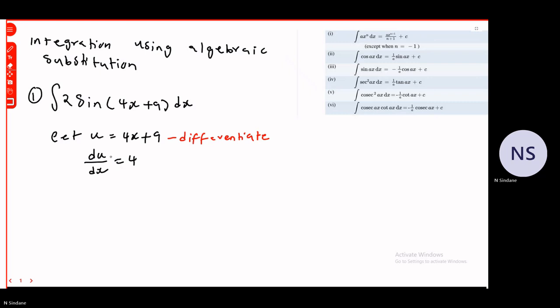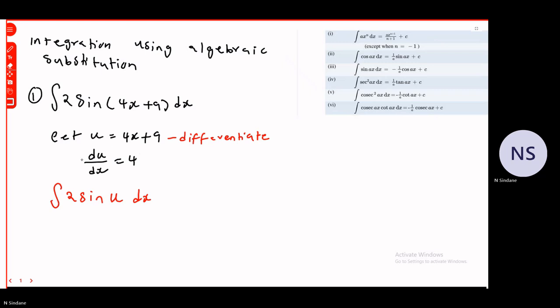After differentiating, this is what you will have. Then you substitute: instead of 4x plus 9, I'm going to have 2 sine of u dx. But now I can't integrate sine u with dx. I can't do that. So I will need to make sure that I have a variable of du here.